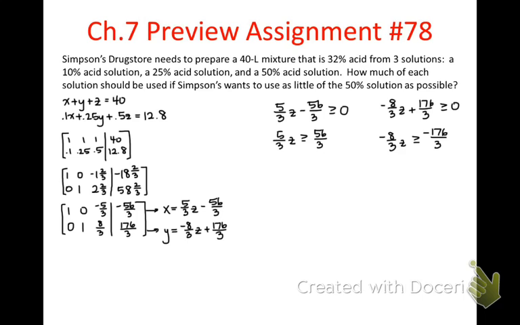What can I do on both of these? Can I clear out those fractions pretty easily? Yeah, if I were to multiply all of this stuff by 3, I'd lose the 3's on both sides, right? That 3 would cancel all the denominators. So what is z over here? Z is greater than or equal to 56/5, right?